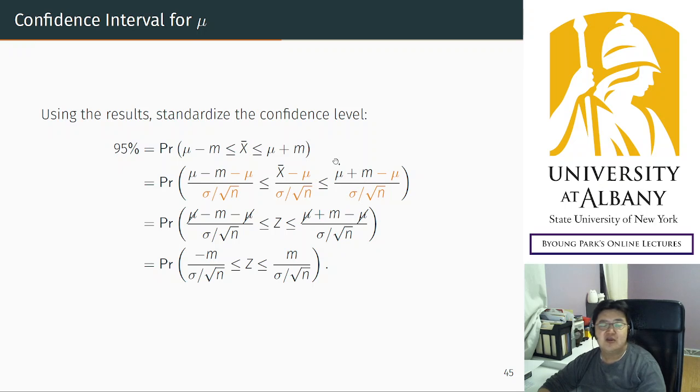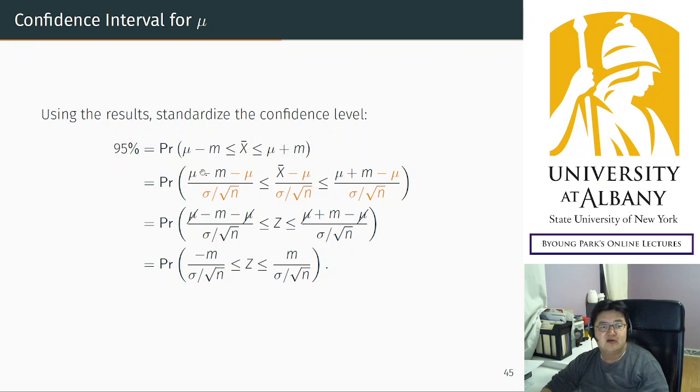Okay, now we learned how to standardize x bar. Then apply that. So x bar will be standardized in this way, right? Subtracting mu and dividing by sigma over square root n. Then you have to do the same thing for both sides, subtracting mu, dividing by sigma over square root n, right?